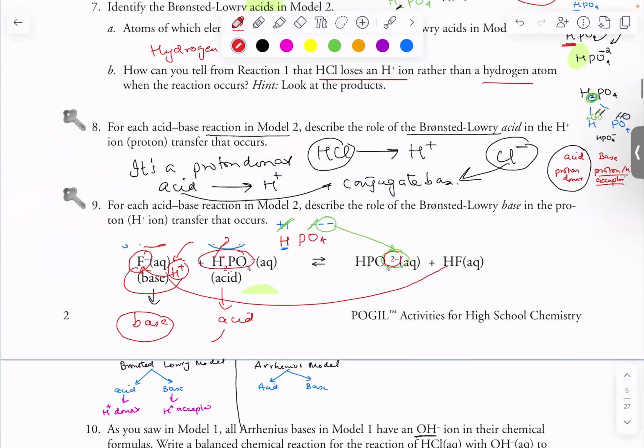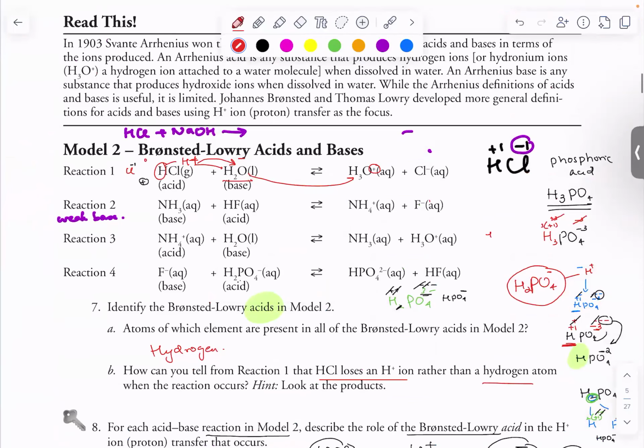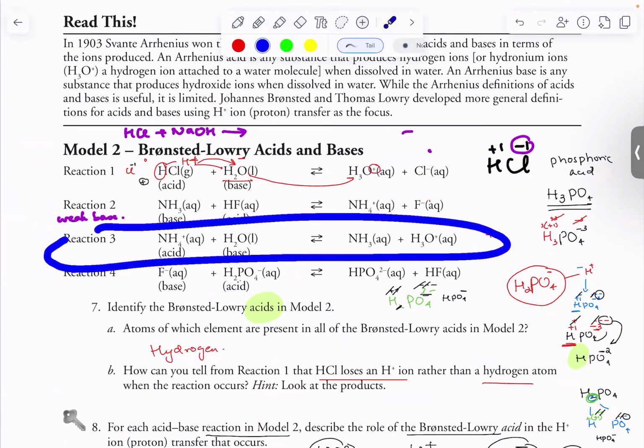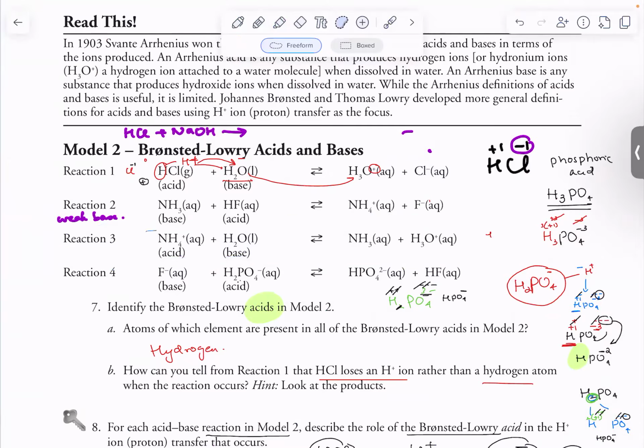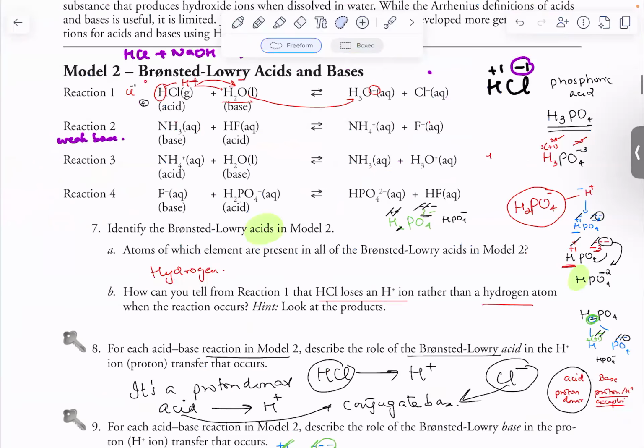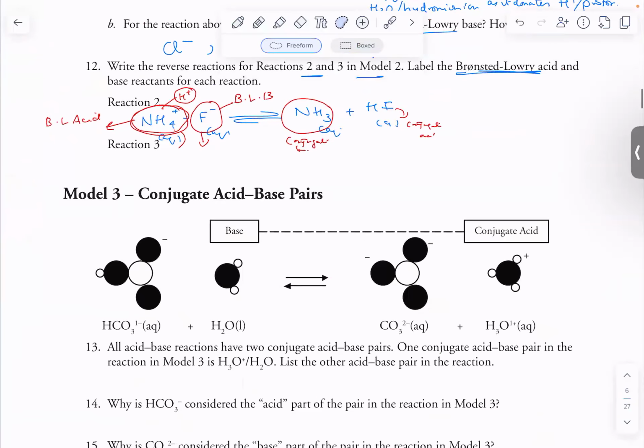Now for reaction 3. I'll simply copy this reaction from here. First of all, you will reverse it, and then you tell me which one is the conjugate acid and which one is the conjugate base.